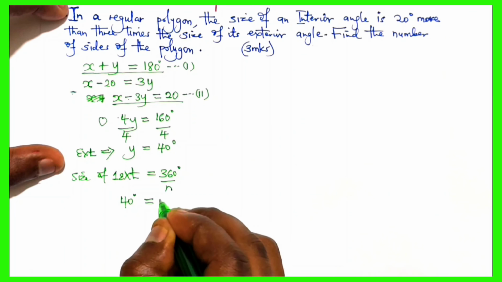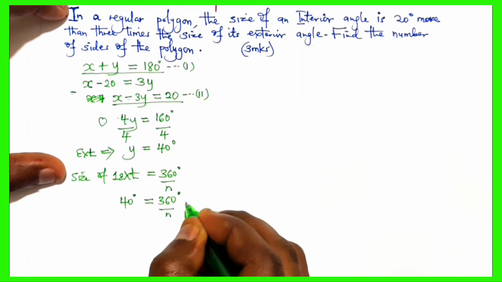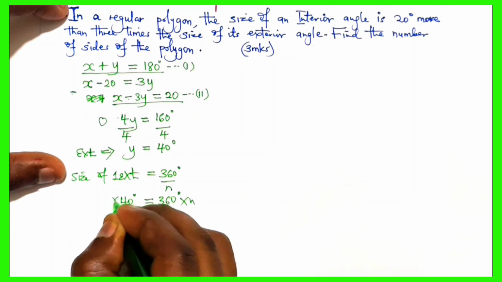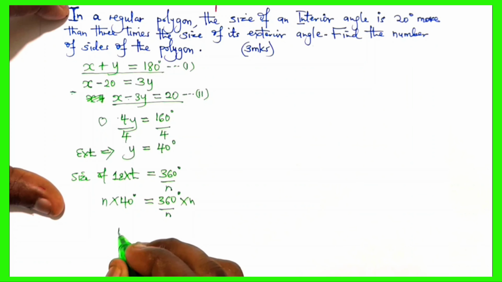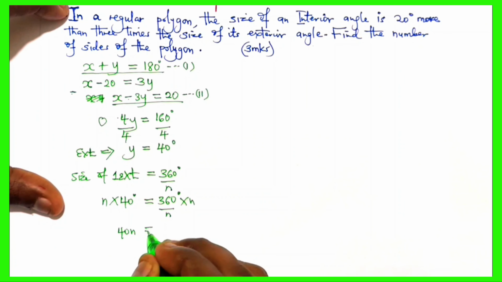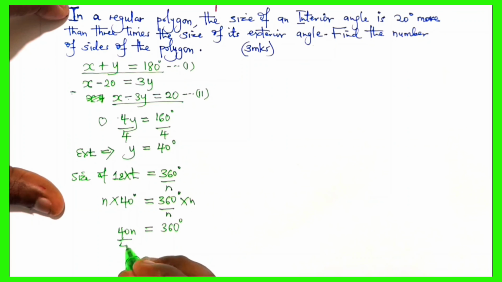So 40 degrees will be equal to 360 degrees divided by n. Again, we multiply by n on both sides to get rid of the denominator. We end up getting 40n to be equal to 360 degrees. And therefore, we divide by 40 on both sides. We end up getting the value of n to be equal to 9.